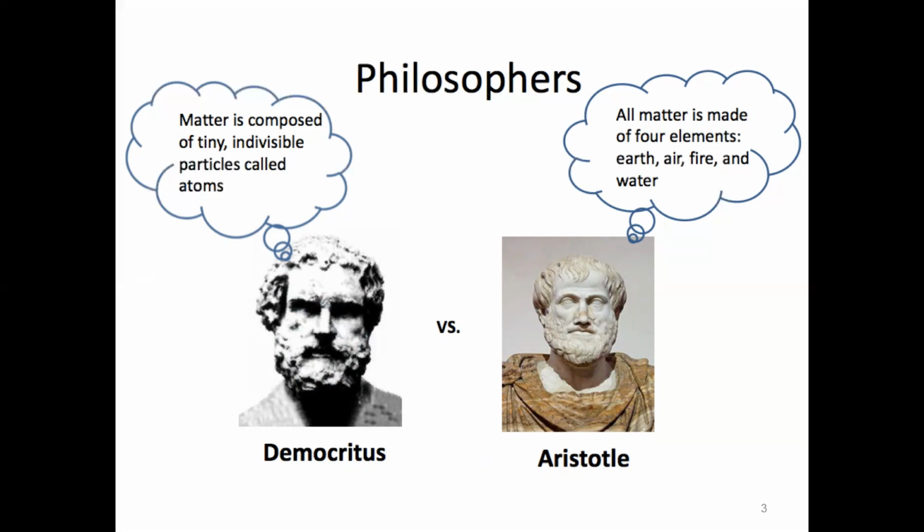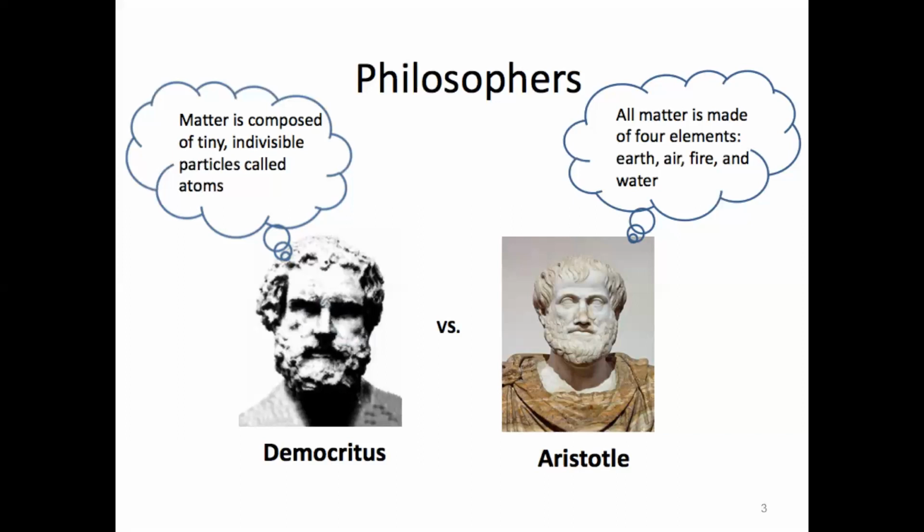Aristotle, on the other hand, said that instead of being made of indivisible particles called atoms, like Democritus was saying, matter was made up of the four elements: earth, air, fire, and water. And he clearly won the argument, because that's why we all have heard of Aristotle. His point of view persisted for a very long time.